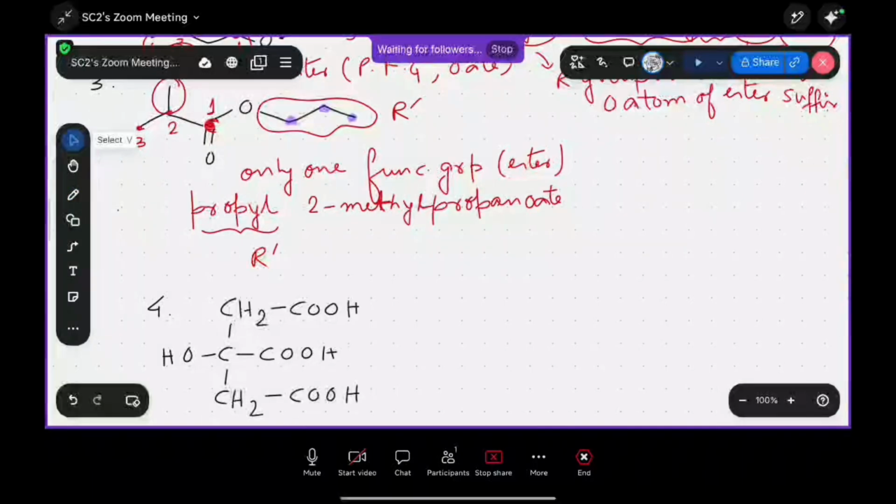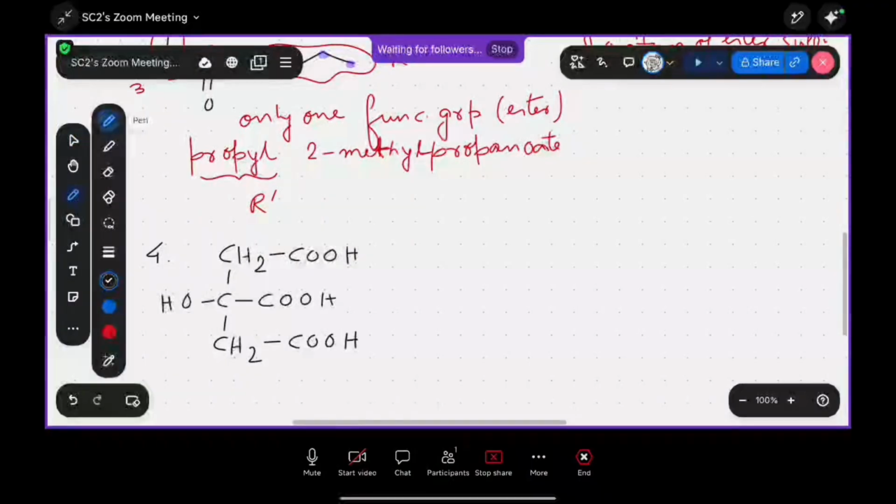And very interestingly, the common name for this compound is citric acid. This is citric acid which is found in lemons, in all citrus fruit, or unripe grapes. So now let's learn how to write the nomenclature for this kind of compound.